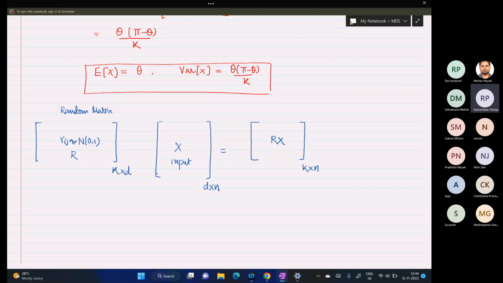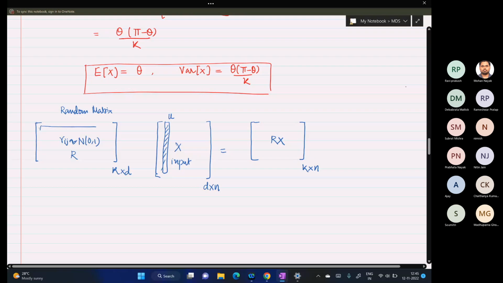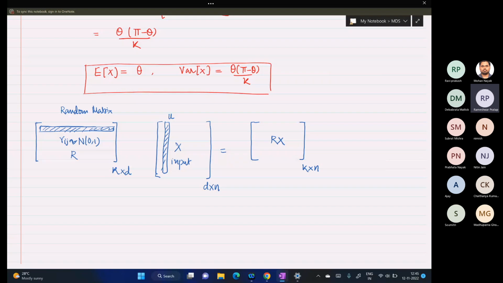Suppose this is some vector u, and this is vector r, and their dot product is maybe somewhere over here.